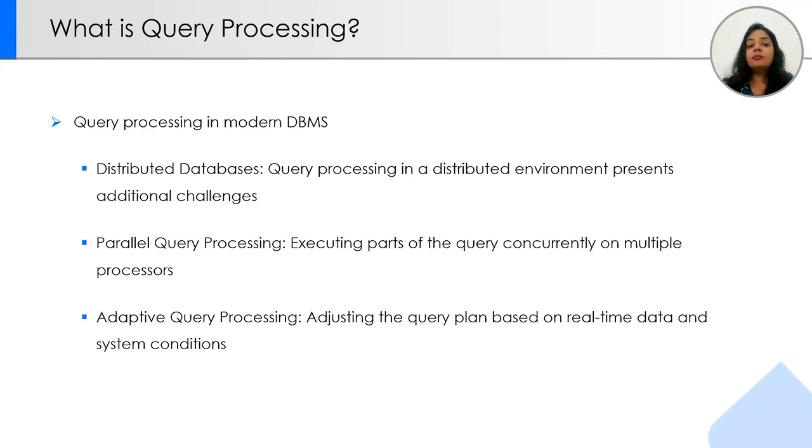Then comes adaptive query processing. So here it includes adjusting the query plan based on real-time data and system conditions. This is very important for businesses, because the external business environment keeps sending sudden challenges towards the business, so they have to address them quickly.